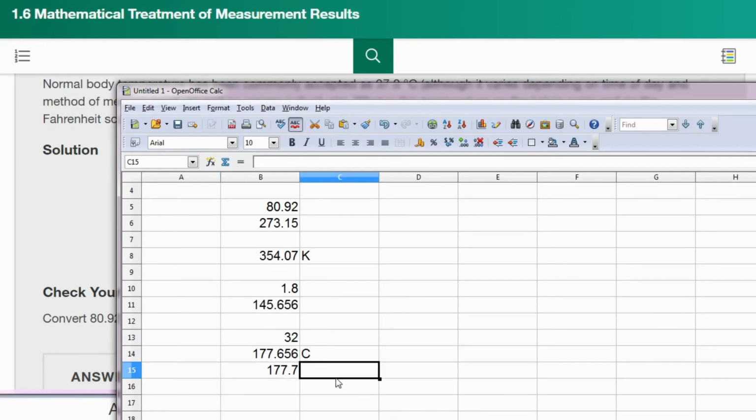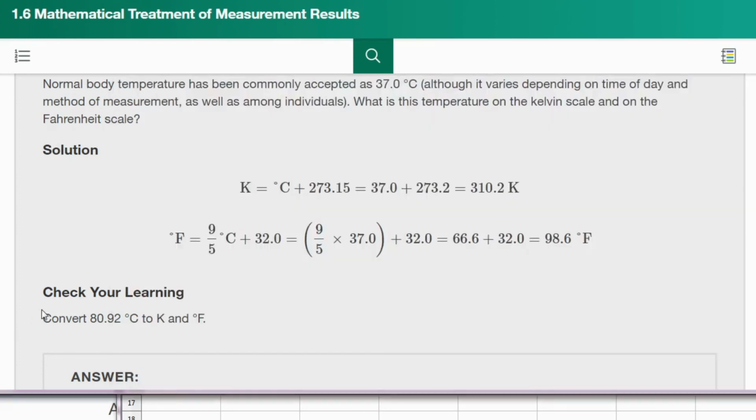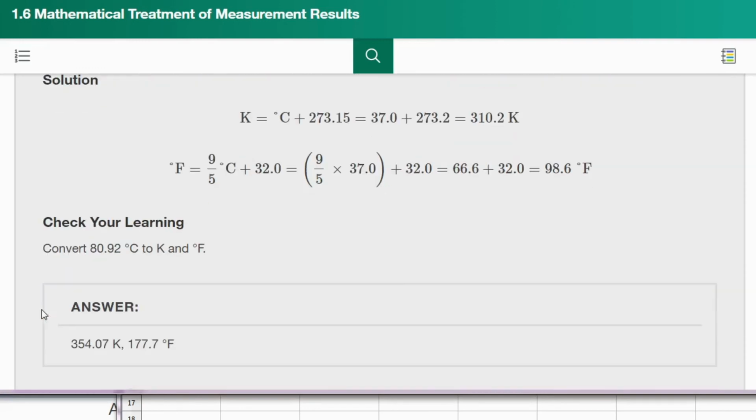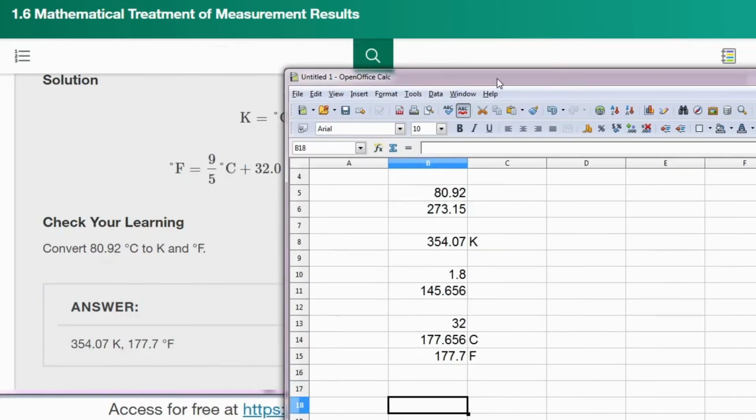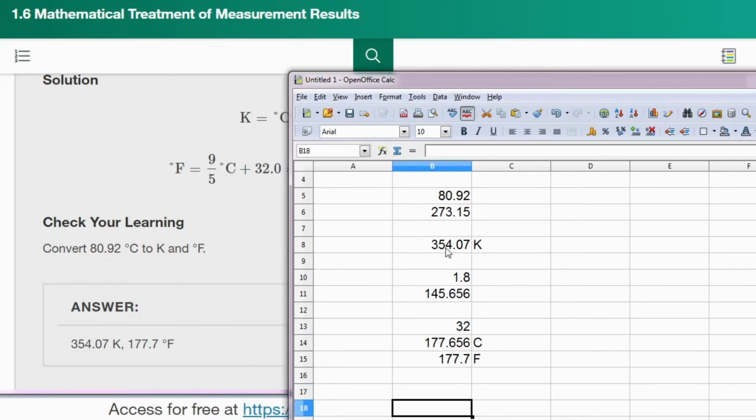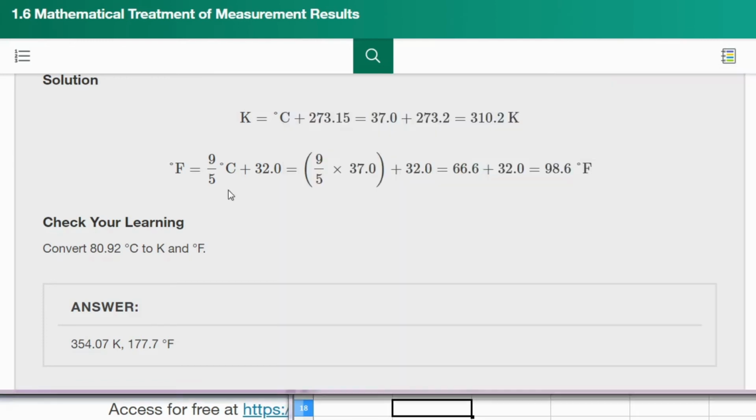So that should be 177.7 degrees Fahrenheit. Let's check the answer. The answers in the answer key are 354.07 Kelvin and 177.7 degrees Fahrenheit. So that's very good. Let's continue.